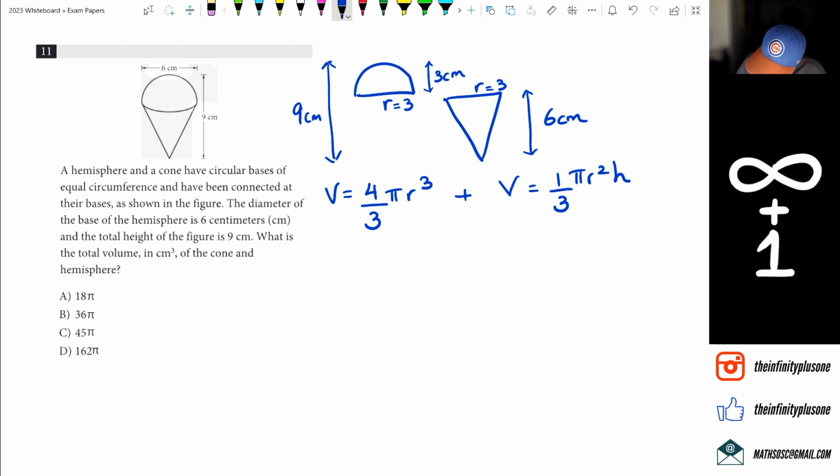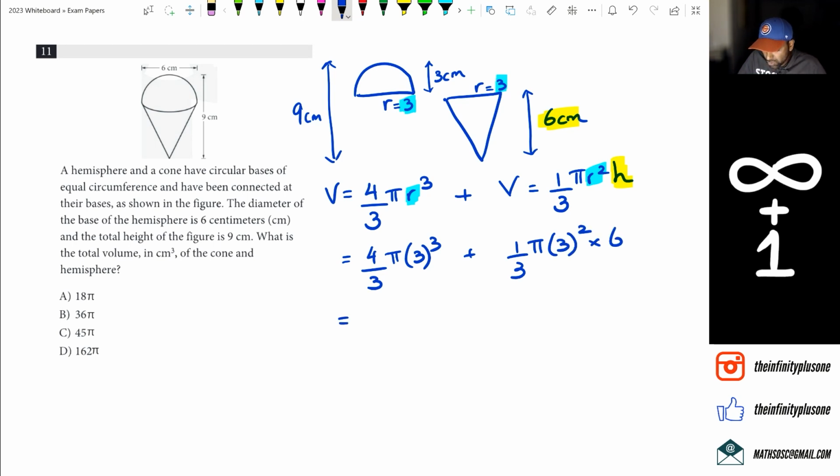Alright, so radius is, what do we got? Radius is 3 here for this one. Radius for the cone also happens to be 3. And then we've got a height of 6 centimeters. So we've got 4/3 times pi 3 cubed plus 1/3 pi 3 squared times 6.